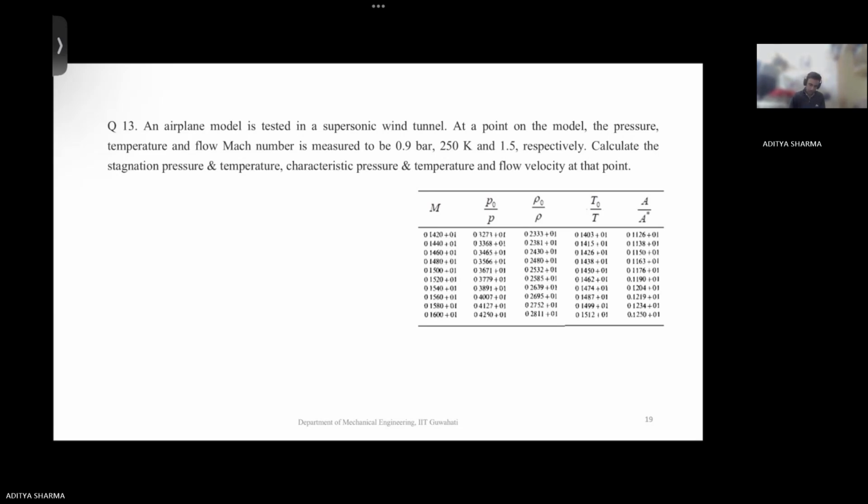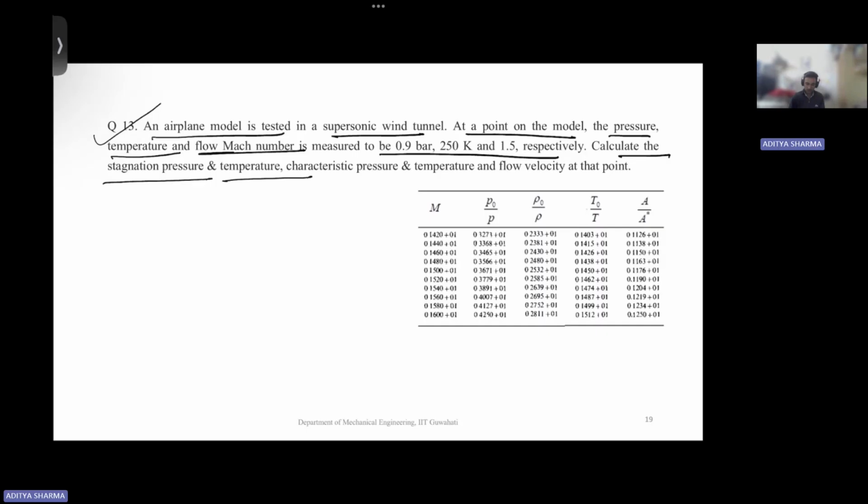Then question number 13. An airplane model is tested in a supersonic wind tunnel. At a point on the model, the pressure, temperature, and flow Mach number have been given as these. Calculate the stagnation pressure, temperature, characteristic pressure and temperature, and flow velocity at that point.